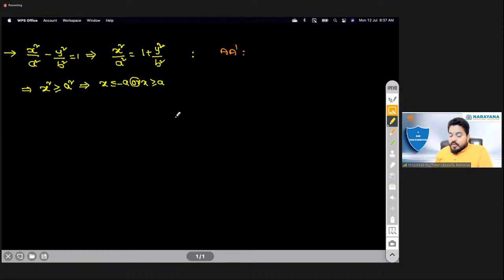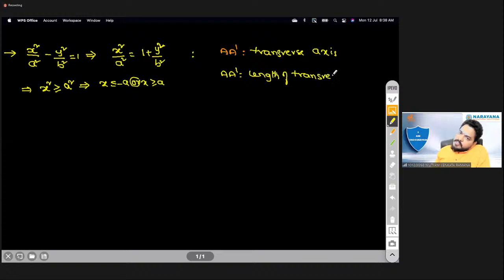A A dash is the transverse axis, and the length of the transverse axis is equal to 2a.